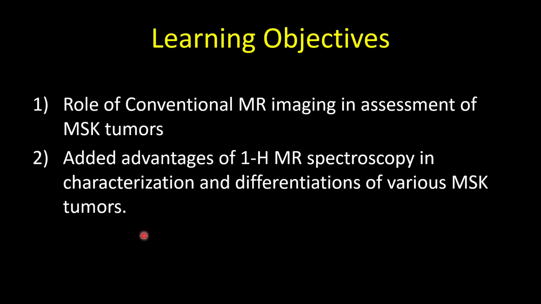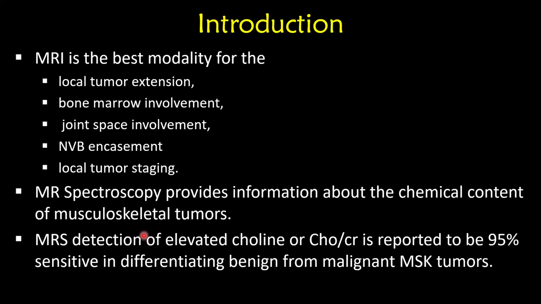My learning objectives will be the role of conventional MRI in the assessment of MSK tumors, and second, how spectroscopy helps in characterization and differentiation of the various tumors. For bone tumors or MSK tumors, conventional MRI still plays an important role in differentiating various benign as well as malignant tumors.